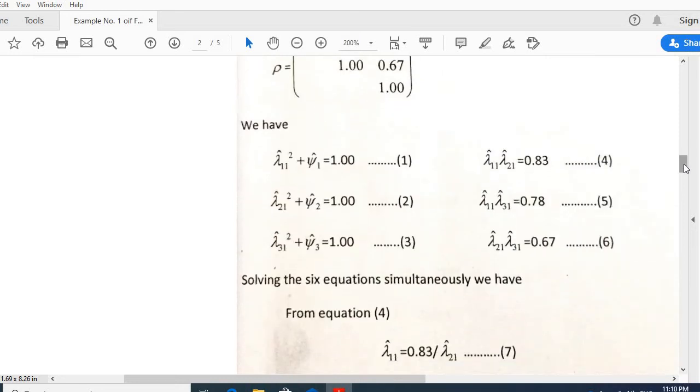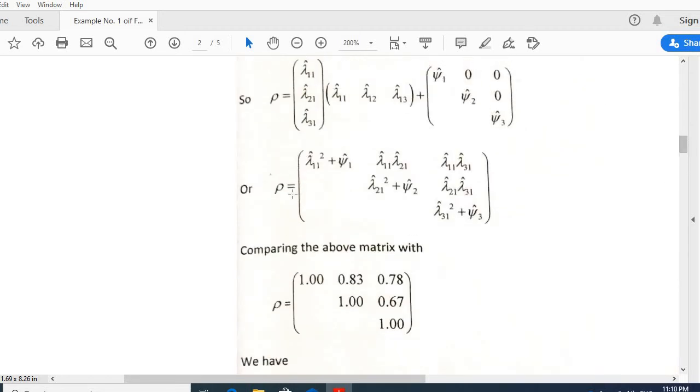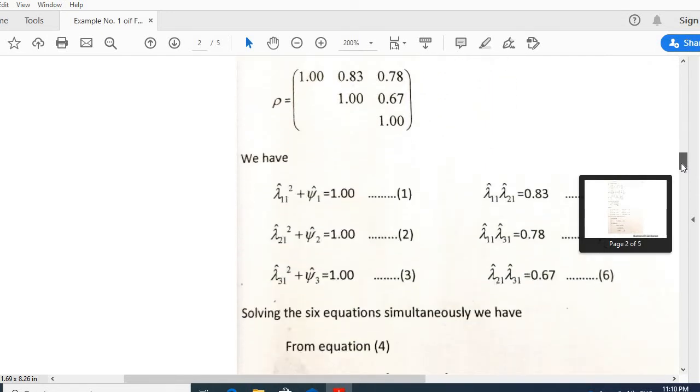These are 6 equations which we have obtained by matching the above correlation matrix with this matrix, by matching the above 2 matrices. Now lambda 1 1 head square plus psi 1 head is equal to 1.